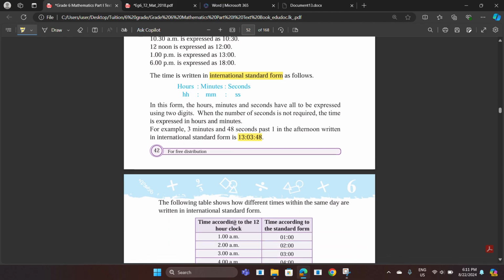Here you see an example: 3 minutes and 48 seconds past 1. What does it mean? 3 minutes and 48 seconds past 1.